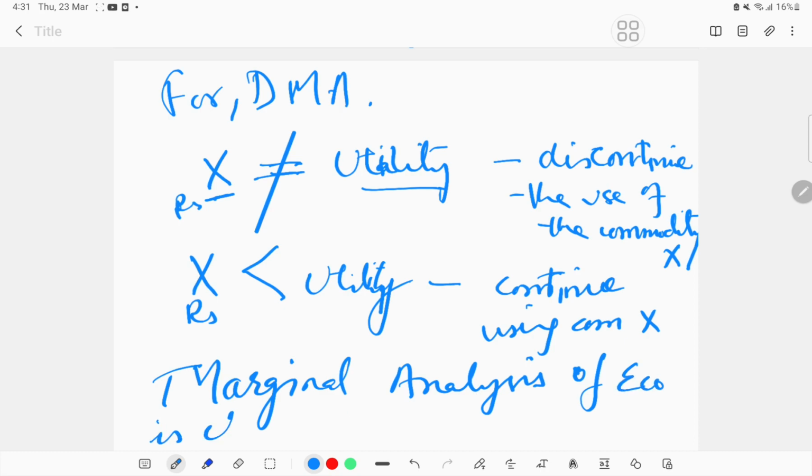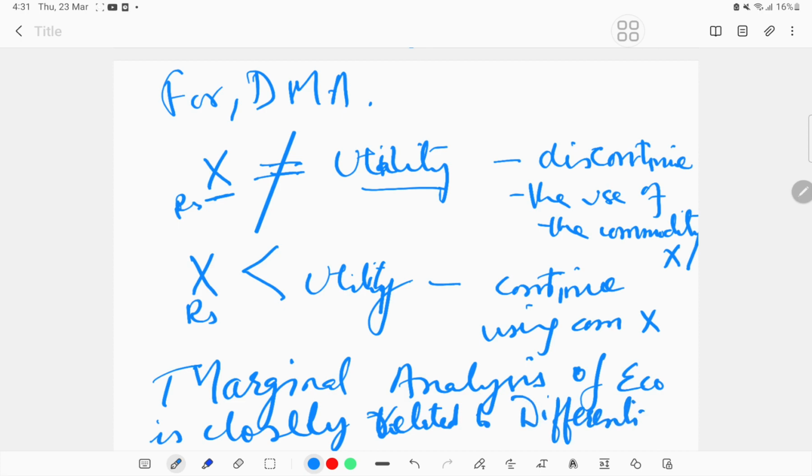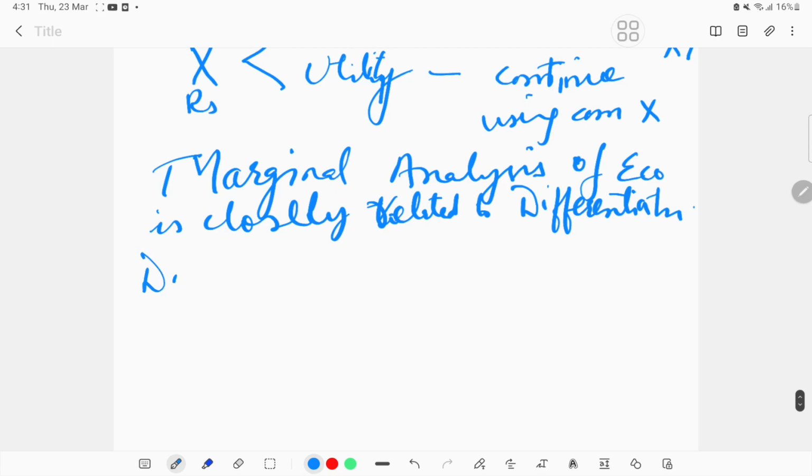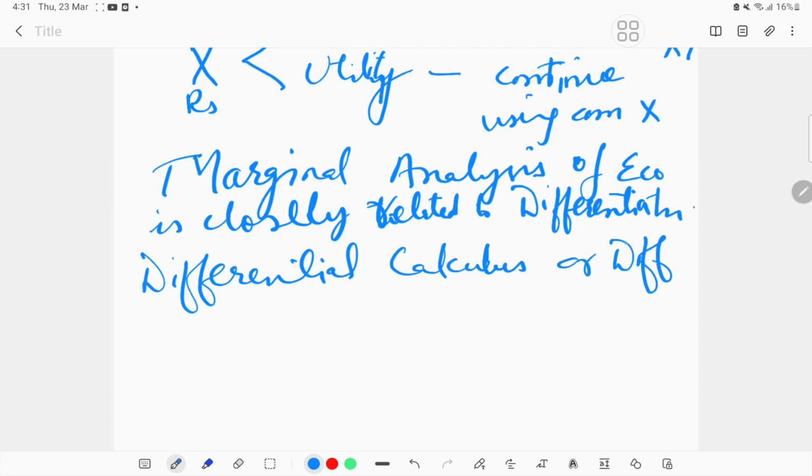This is closely related to differentiation. Differentiation, or we can say differential calculus, or differential equations.